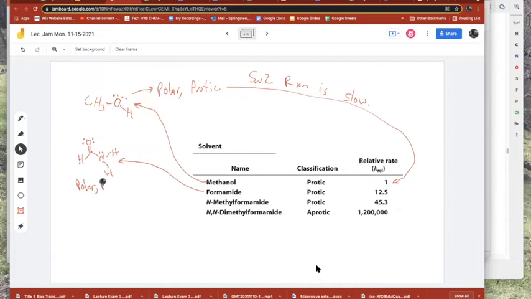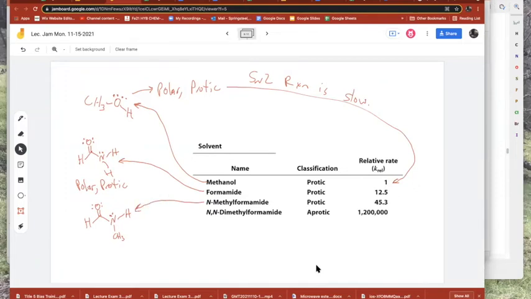Protic. It can definitely hydrogen bond. It's got the NH. Okay, then we got N-methyl formamide. It's got 1 methyl and 1 hydrogen on the nitrogen. The methyl's on the nitrogen. That's how we nomenclature it.